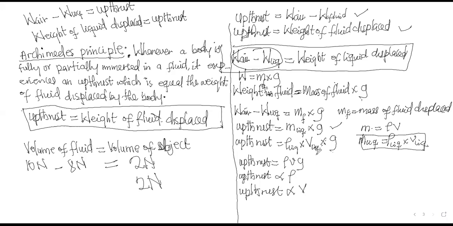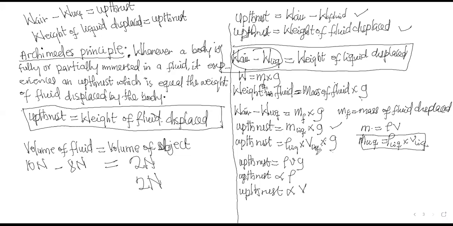Yes, sir. Frank. So the weight of the fluid is the mass of the fluid times gravity. Yes. How is the upthrust the same thing as the weight of the fluid? Archimedes' principle: when a body is fully or partially immersed in fluid, the upthrust experienced by the body is equal to the weight of fluid displaced.